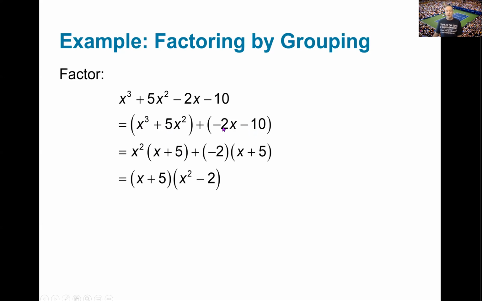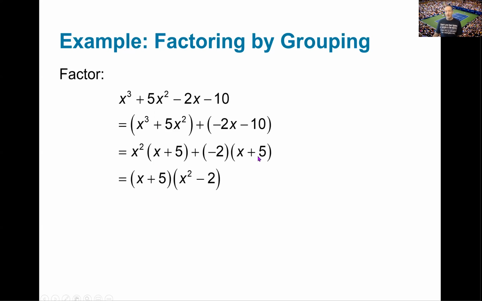First thing I need you to remember is anytime an expression starts with a negative, it's always best to factor that negative out. So I see a negative 2 and a negative 10. Well, I'll factor out a negative 2. I know that that's the right choice because it's going to give me the x for the first term when I factor it out. It's going to leave me an x, and negative 10 divided by negative 2 leaves me plus 5.